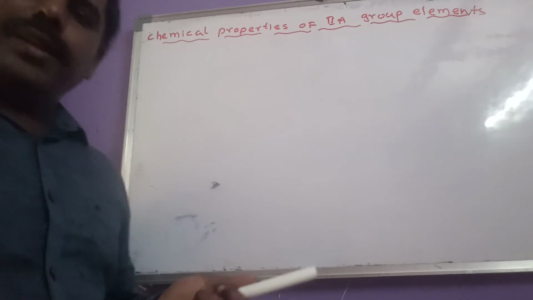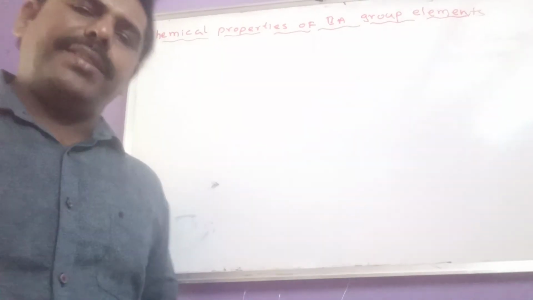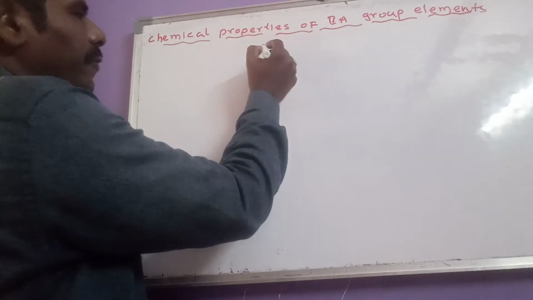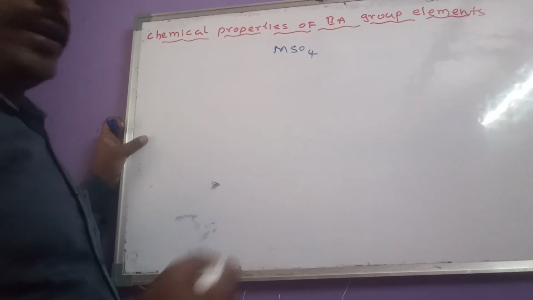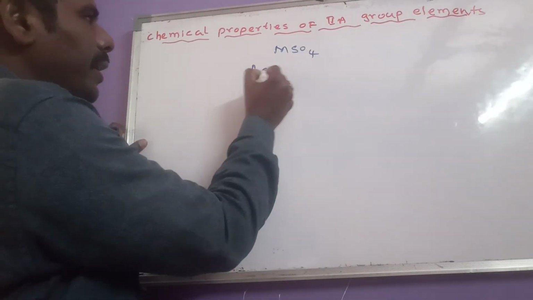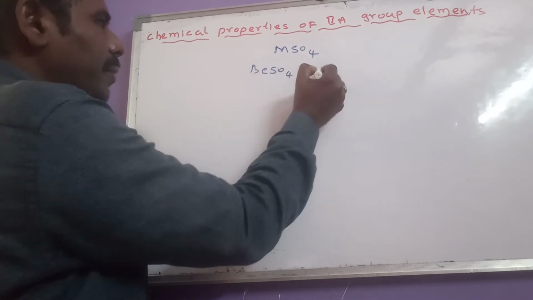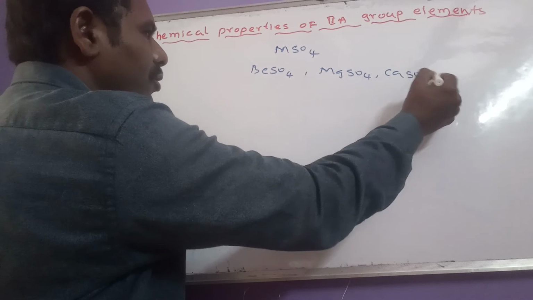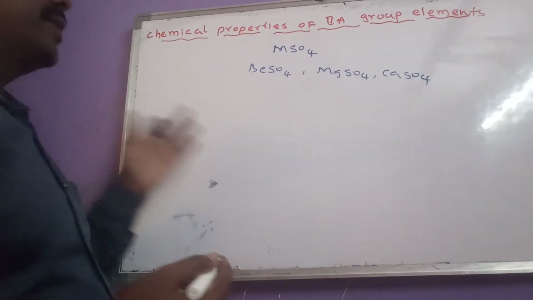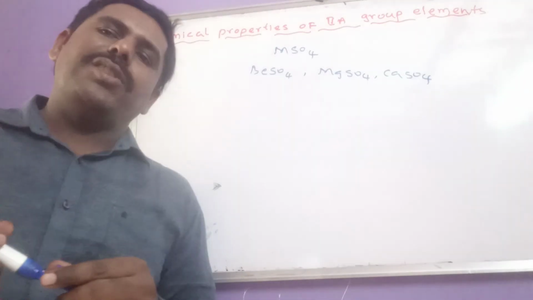Now another one is sulfates. The formula is MSO4, and the examples are beryllium sulfate, magnesium sulfate, calcium sulfate, and so on. These are white crystalline solids.